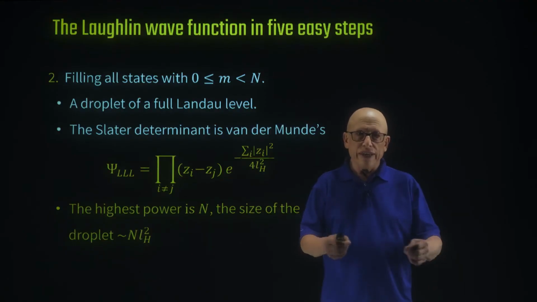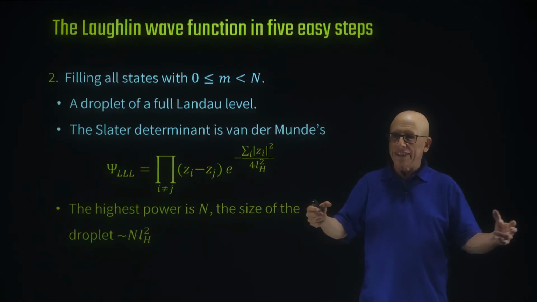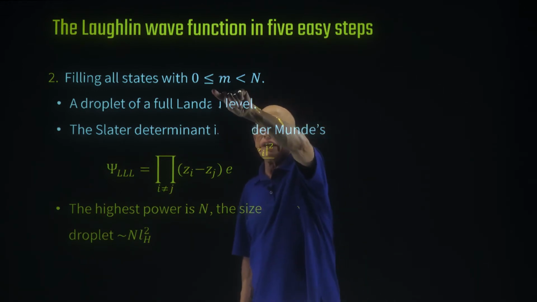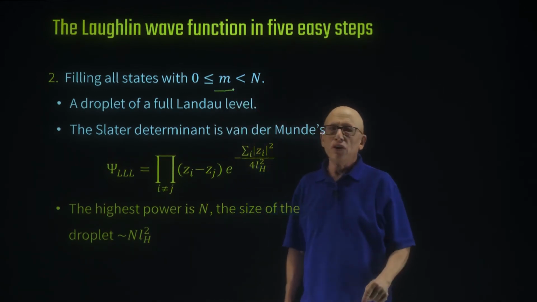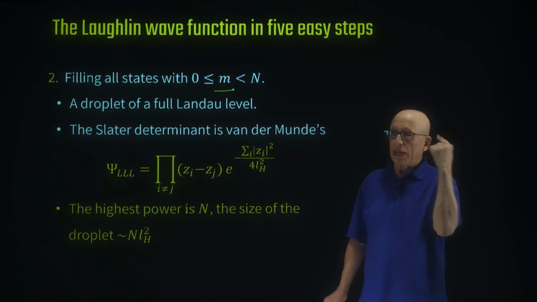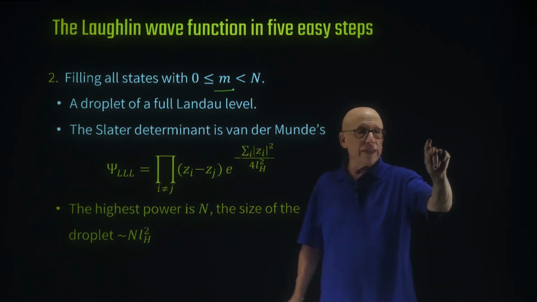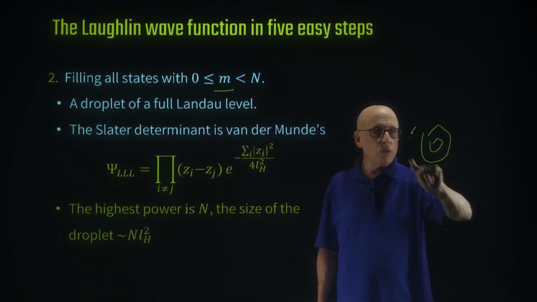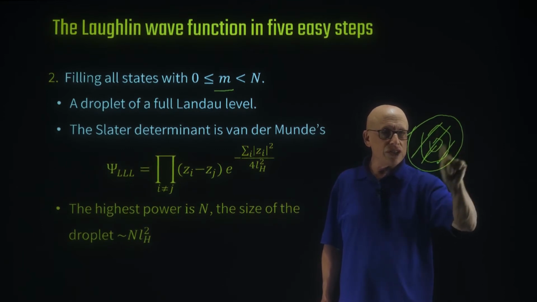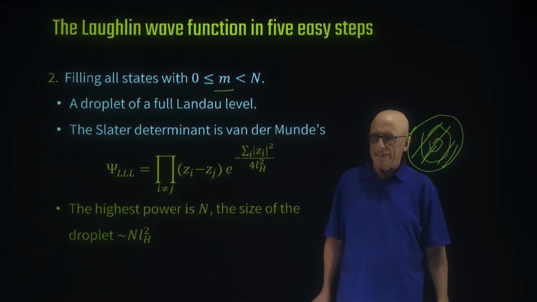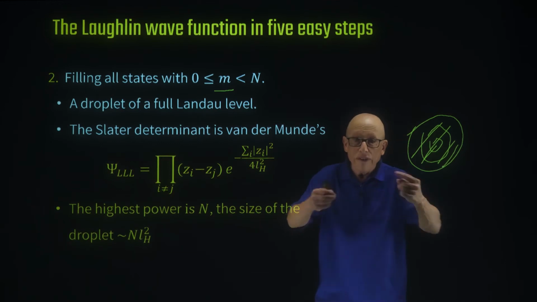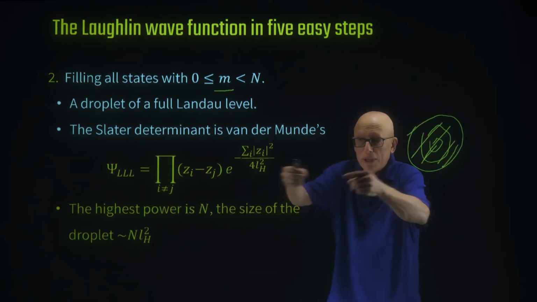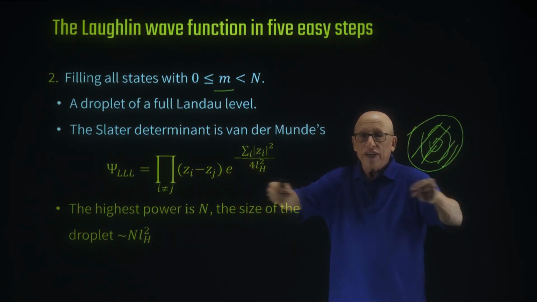So to create a droplet of a nu equals 1 state, we're going to fill all the angular momentum states m going from 0 to some capital N, and we'll get a state where we filled a certain range of single particle states. Now, the wave function for those states is going to be just the Slater determinant, right?